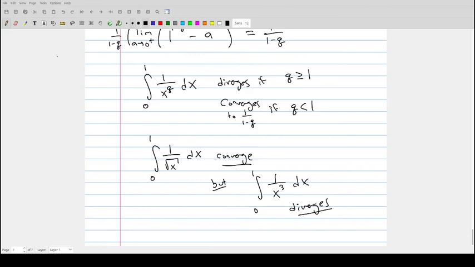So we want to introduce two separate tests right now that help us utilize these ideas, because it turns out that two of these results that we've shown can be directly used along with what are called comparison tests. We saw an example before of what's called the direct comparison test.